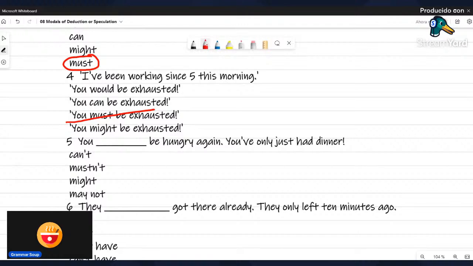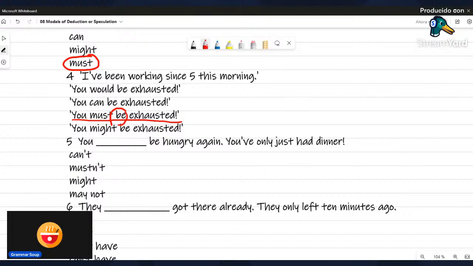I think I just marked it wrong. Wait a moment here. There you go. You must be exhausted, right? So as you can see here, we have the modal verb must, and we have the speculation, I mean the deduction in the present.